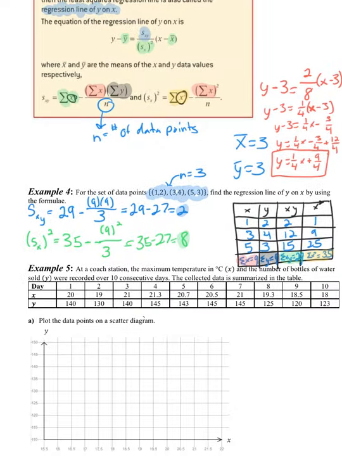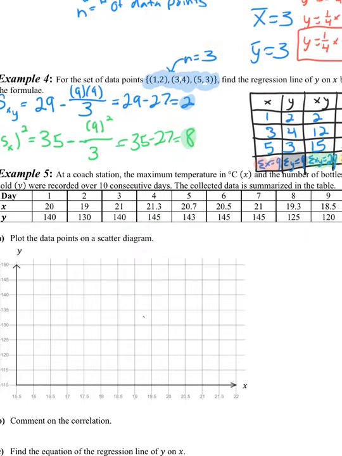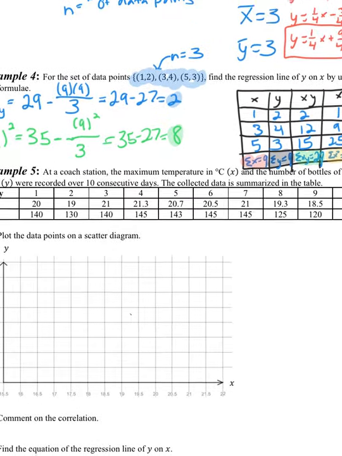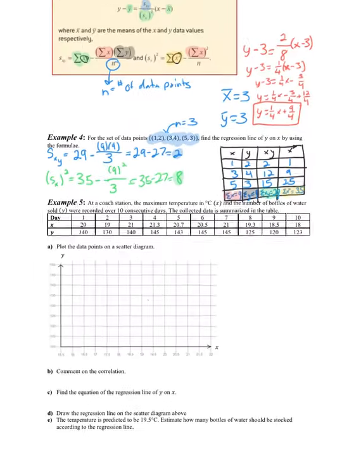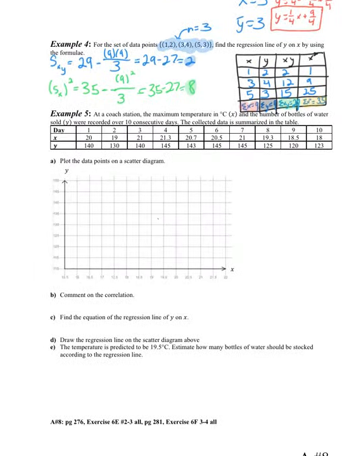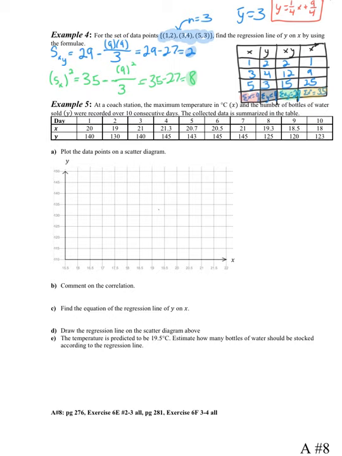Last example, example 5. All right. At a coach station, the maximum temperature in degrees Celsius and the number of bottles of water sold were recorded over 10 consecutive days. The collected data is summarized in the table.